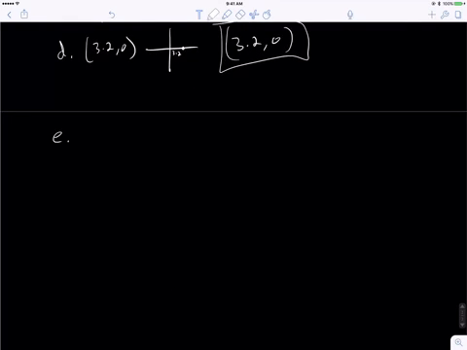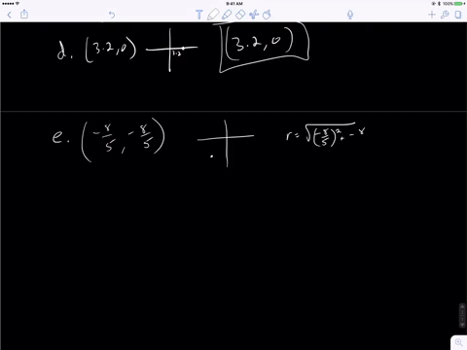E is (-8/5, -8/5). So that's over here in quadrant 3. So r equals the square root of (-8/5) squared plus (-8/5) squared.